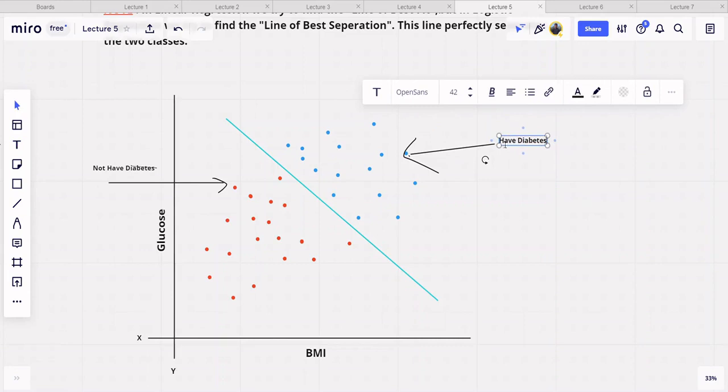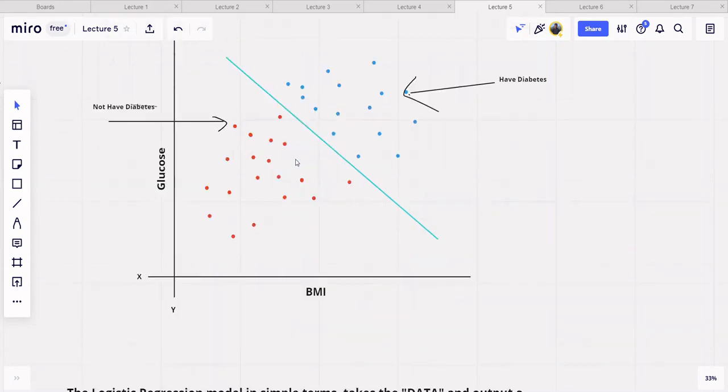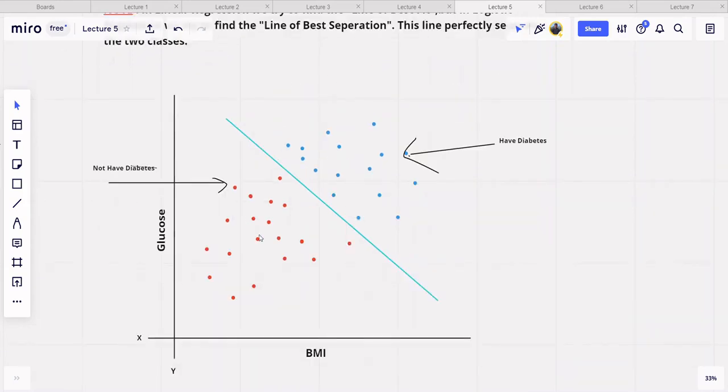Let me repeat this again. Logistic regression does not find a line of best fit. It finds a line that separates our data set into two different classes, and it sets a threshold boundary.